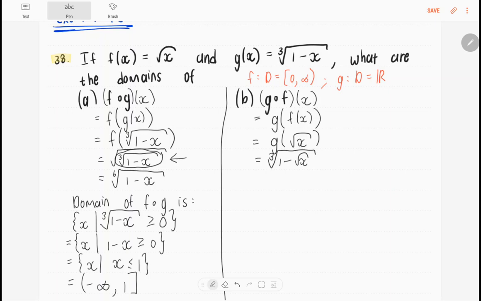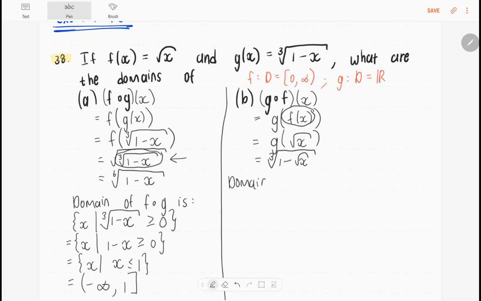So firstly, we know that for x to be in the domain of this composition, x has to be in the domain of f, and then we know that f of x has to be in the domain of G. So let's just quickly write that down.